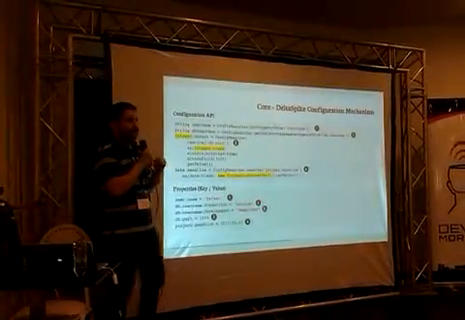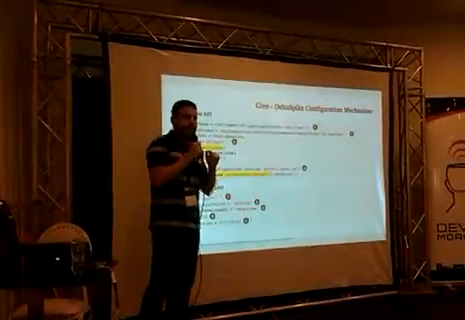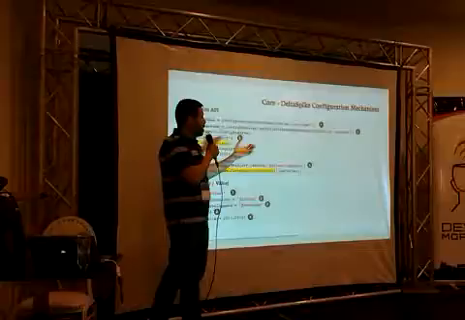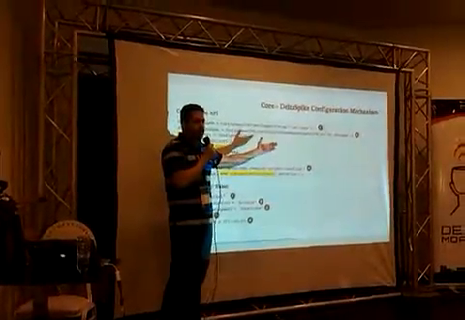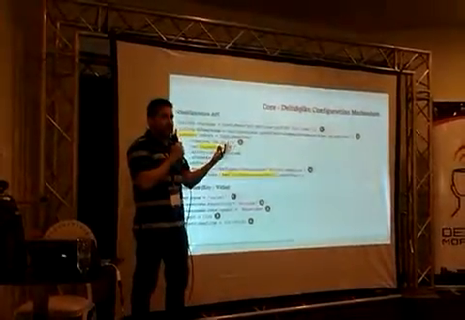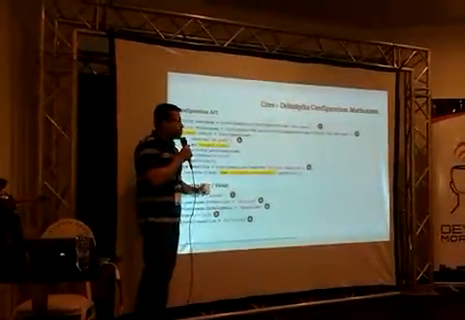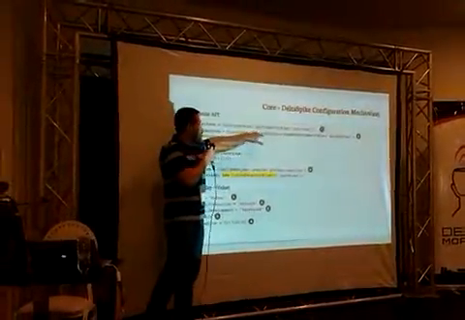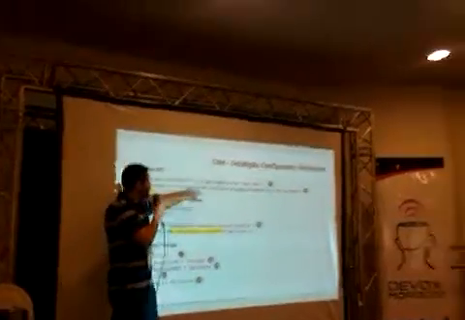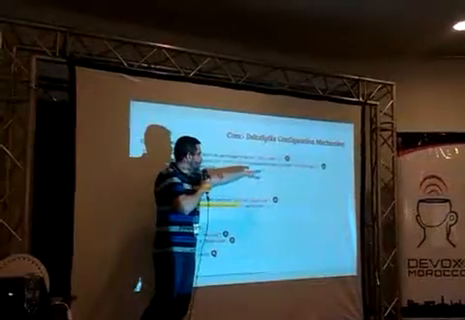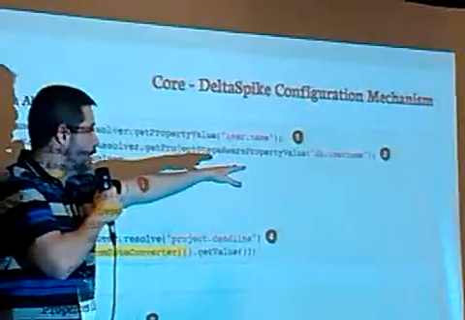But here comes another feature. Suppose that you want to get the username of the database, and the username is different for production and for development. So instead of getting just the property value, you can use getProjectStageAwarePropertyValue. You just say, I want to get the username.